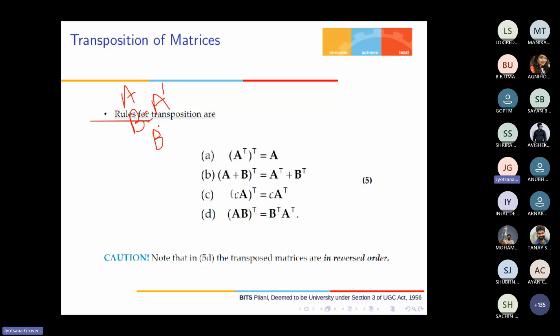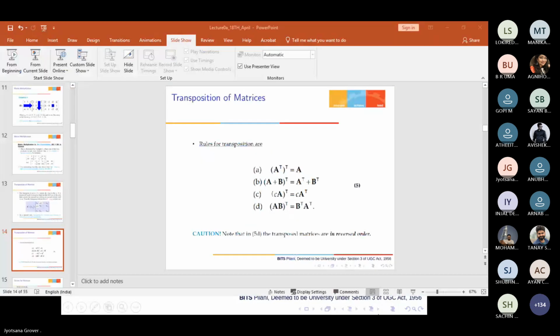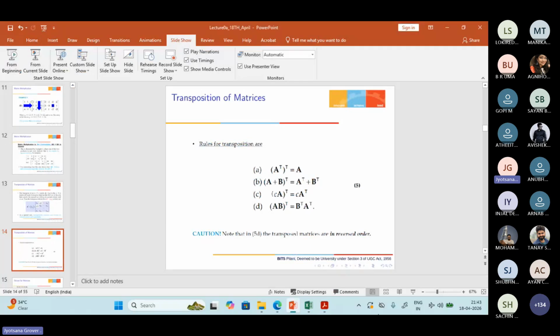So when you take B transpose again, you will get the original matrix. Okay, is it fine? Yes, ma'am.